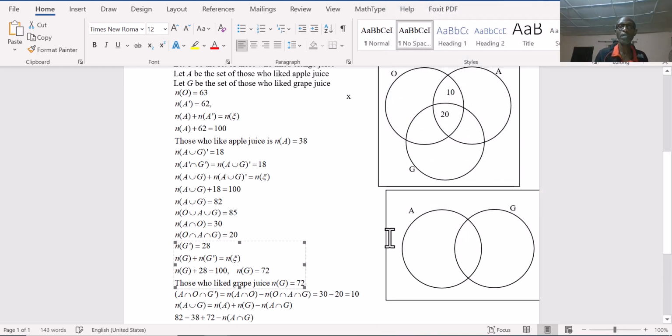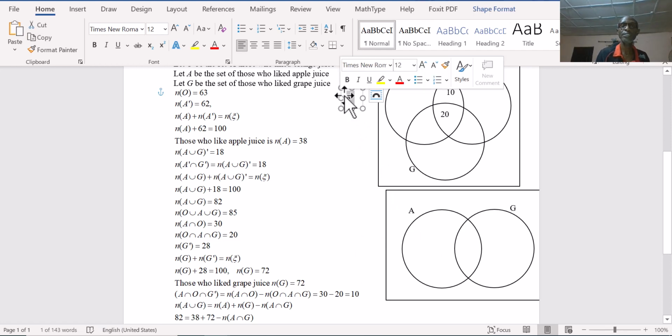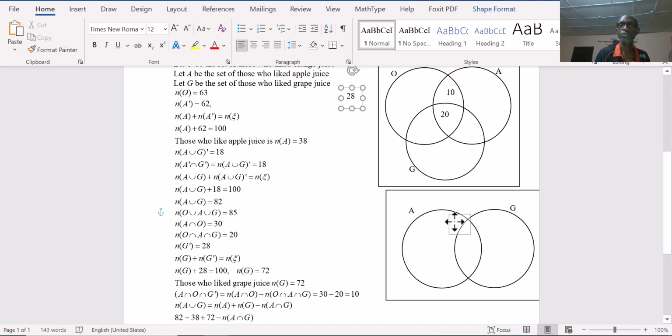So if you look at this circle now, this place is 28. Let me write 28. So this place is 28. That overlap is 28.